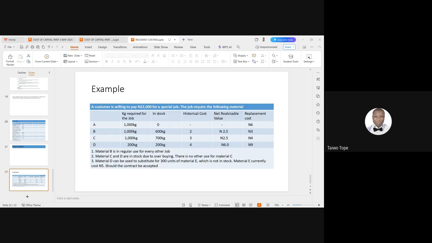There is no other use for material C. Material D can be used as a substitute for 300 units of material E. It means instead of going out to buy material E, 200 units of material D can perform the function that 300 units of material E will perform.